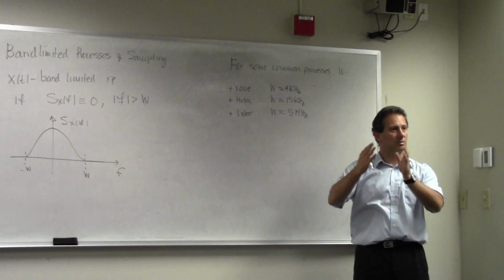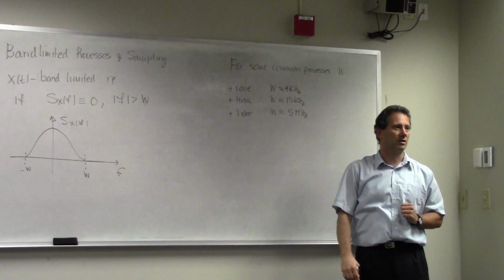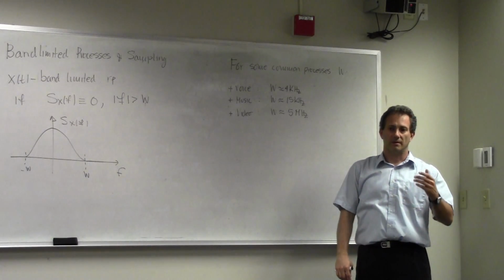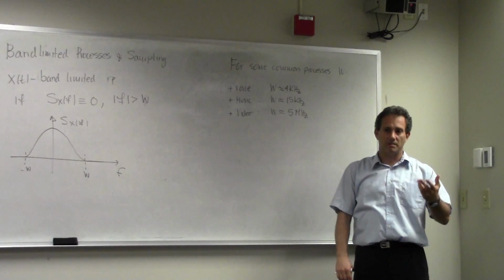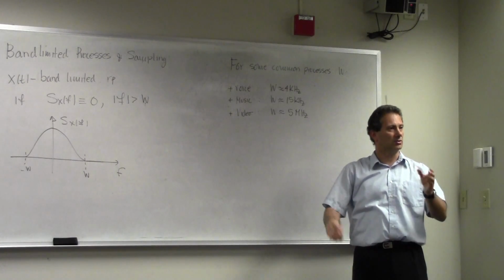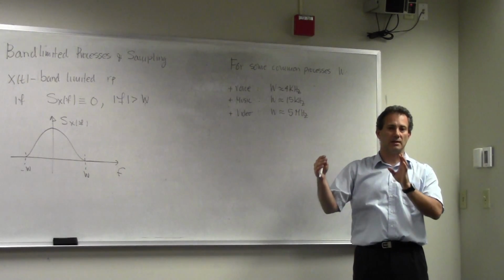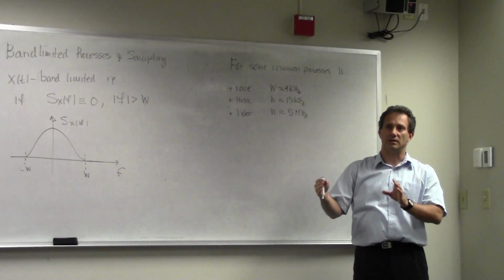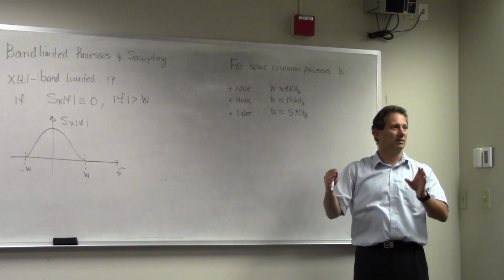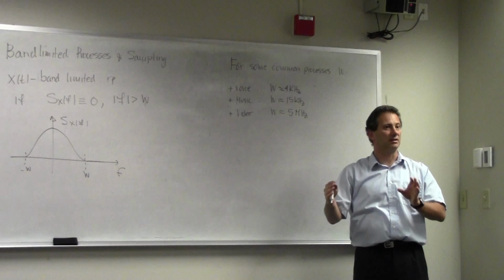The reason is that we cut out all the stuff above 4 kilohertz. But we made an engineering decision to do that because the energy in those components is very small, and the loss of fidelity does not impact the legibility of the voice to a great extent.